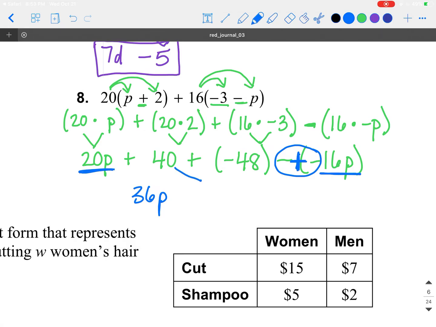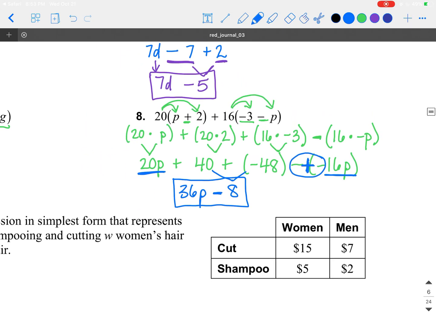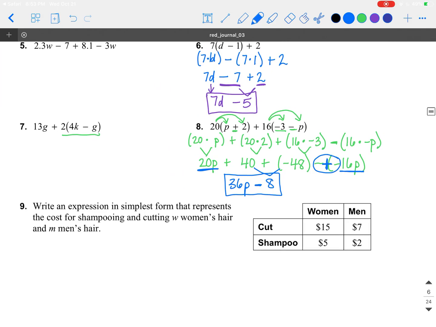And then after that, I have 40 and negative 48. And I'm going to combine those. And that's going to give me negative 8. And that is it, guys. We are all done. All right, so hopefully these examples helped you.